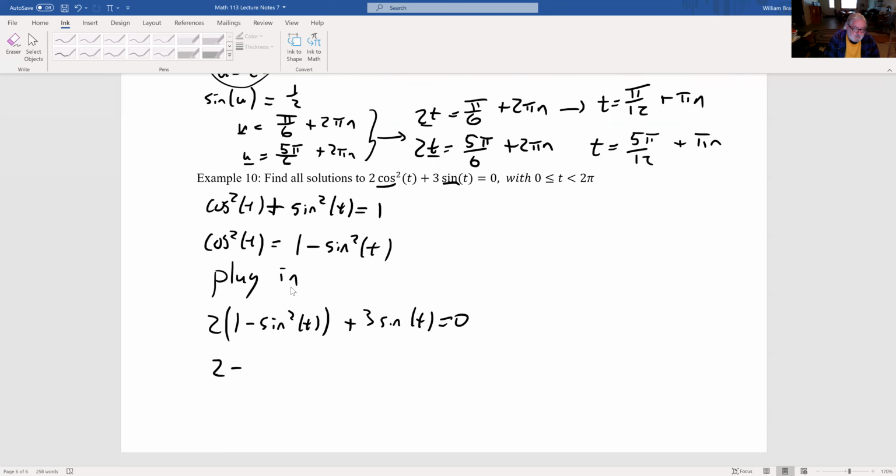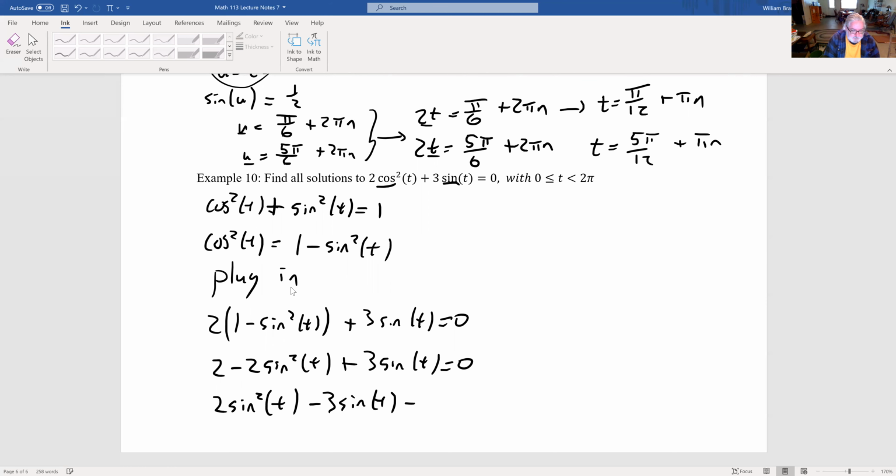Multiply this out, you get 2 minus 2 sine squared t plus 3 sine t equals 0. Going to multiply everything through by a minus sign just to have a positive coefficient on the sine squared. And that's a t in there. Great, so there's my equation.